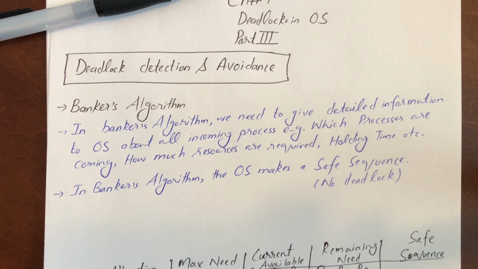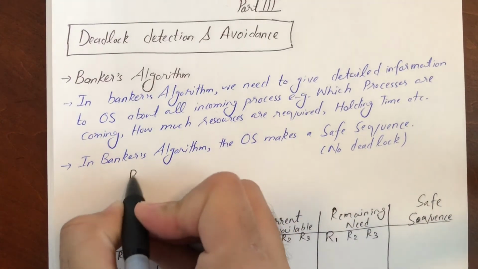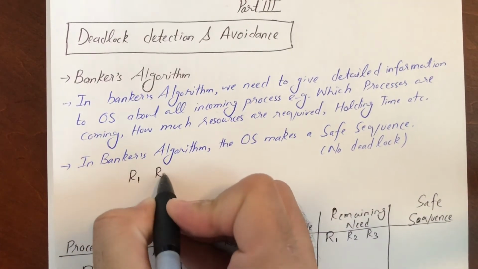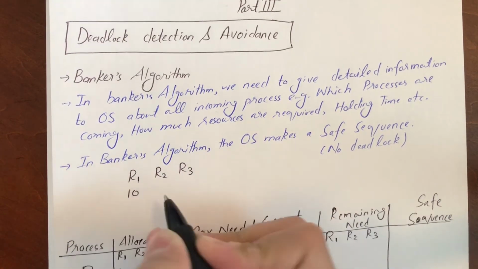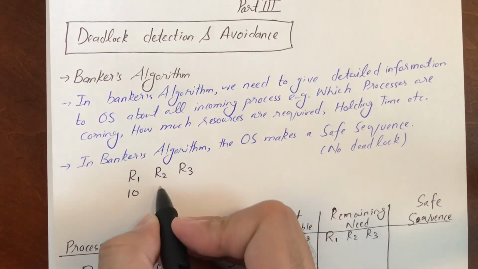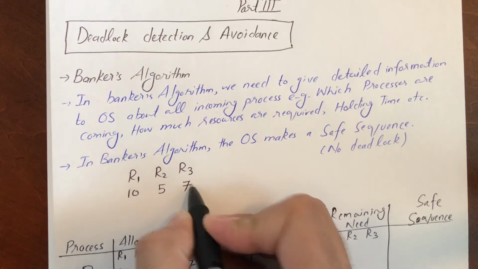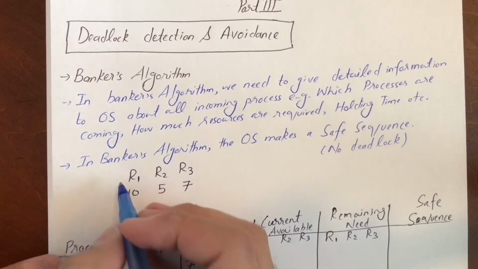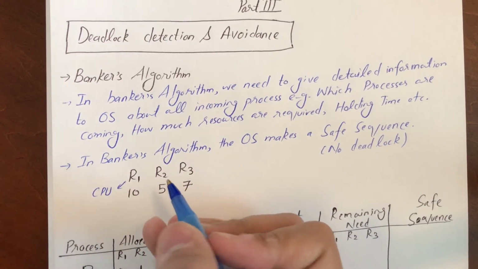Let's say we have three resources, R1, R2, and R3. I have 10 resources of R1, 5 resources of R2, and 7 resources of R3. R1 could be a CPU, for example, I have 10 CPUs.